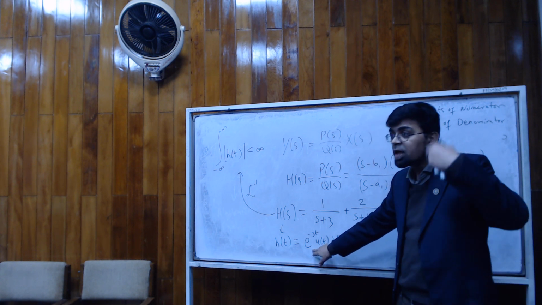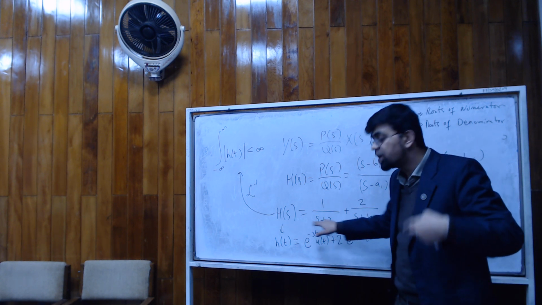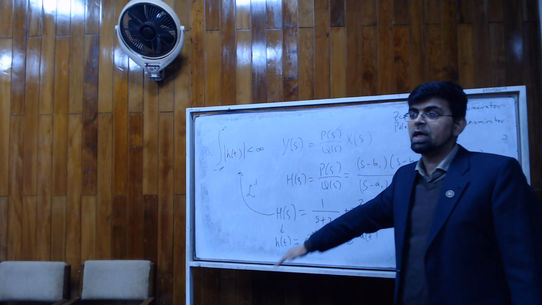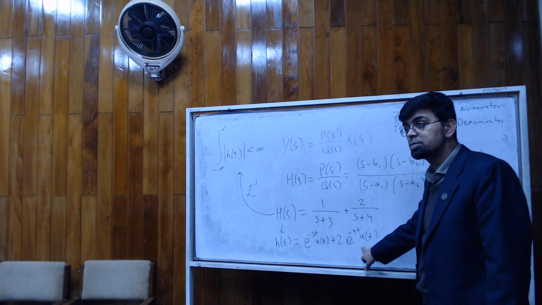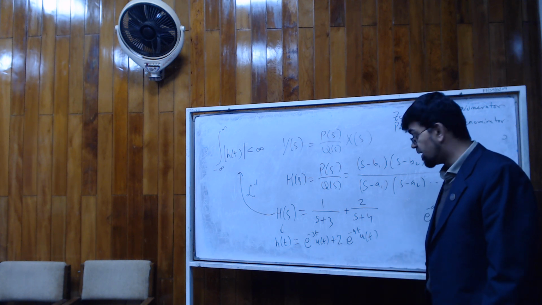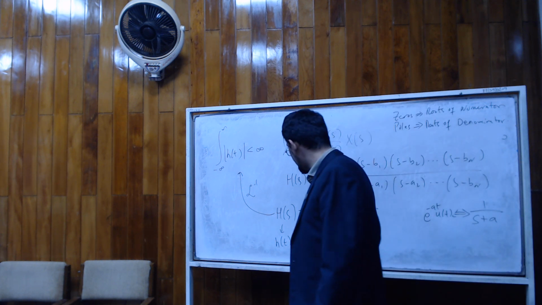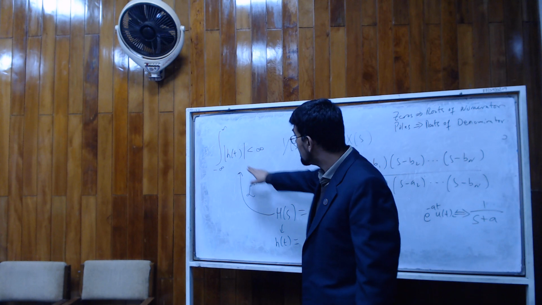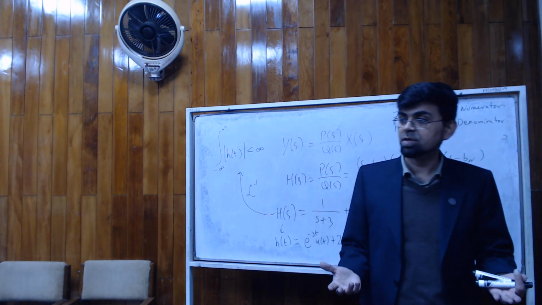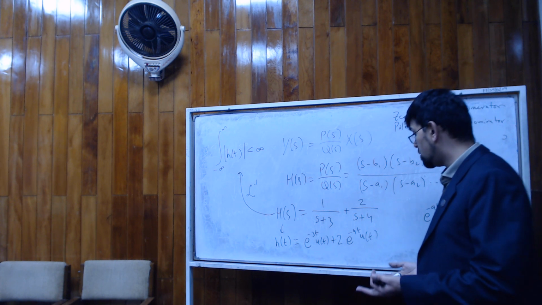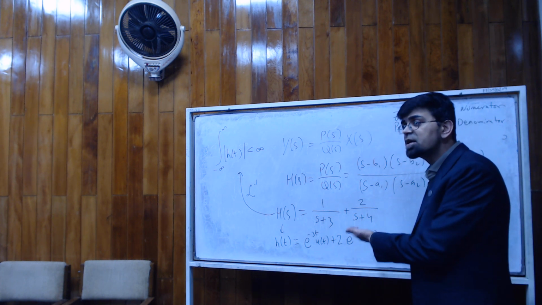So if you imagine this function, what is this term? Decaying, right? Exponentially decaying. What about this term? Exponentially decaying. That means since these are both exponentially decaying, you can check that the area under this will be finite. Now it's like a convergent series.